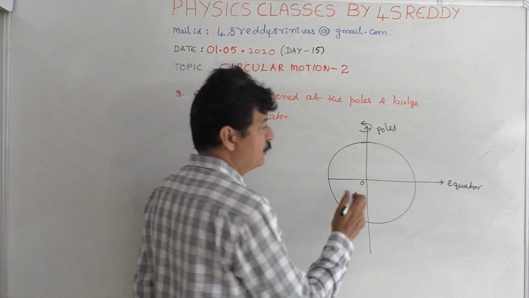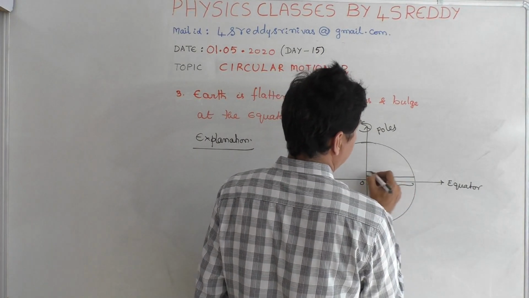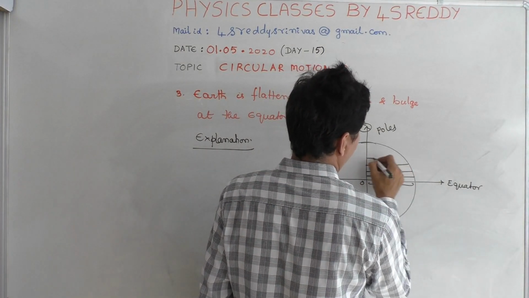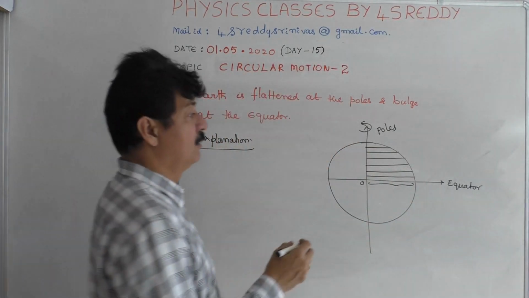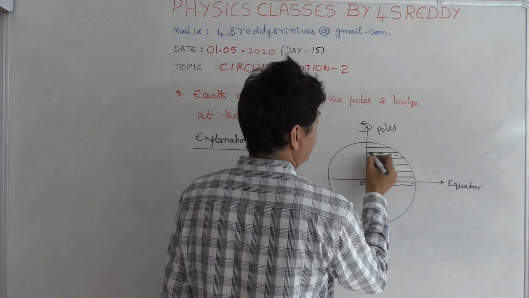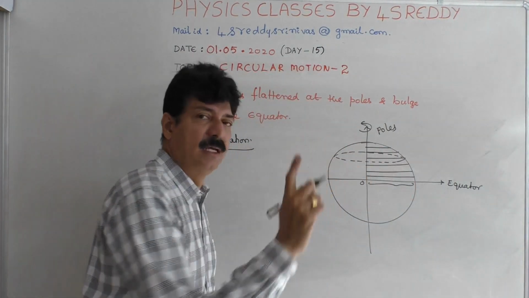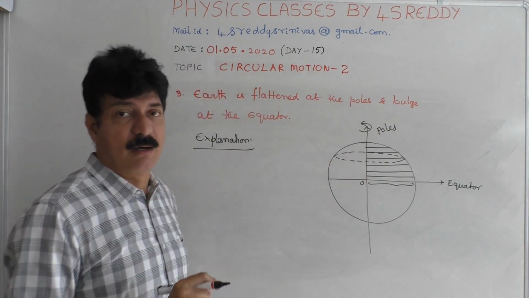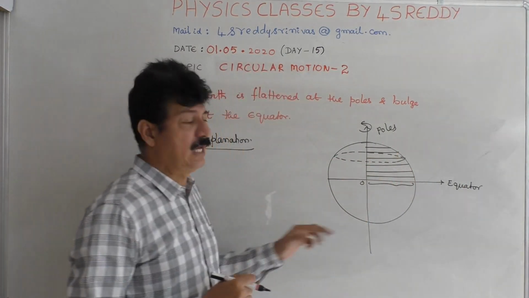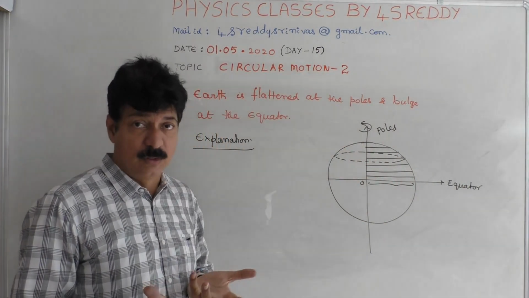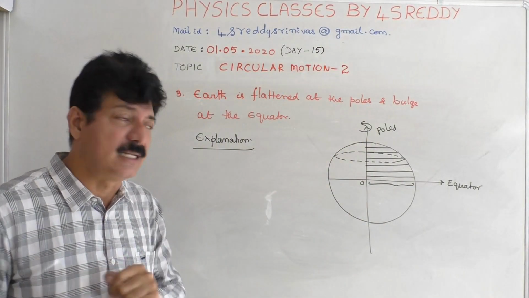As you move from the equator to the poles, the distance of the particles from the axis of rotation goes on decreasing. For example, if I consider this one, every particle will be subjected to uniform circular motion. So as you move from equator to the poles, the distance of the particle from the axis of rotation decreases.